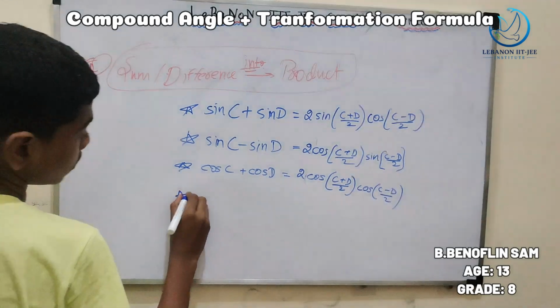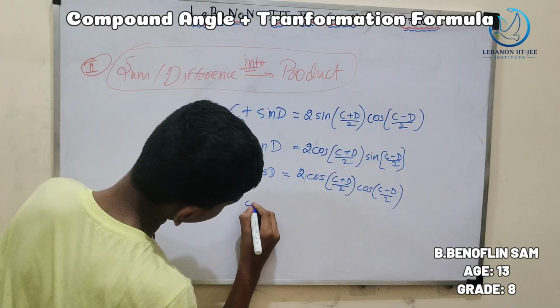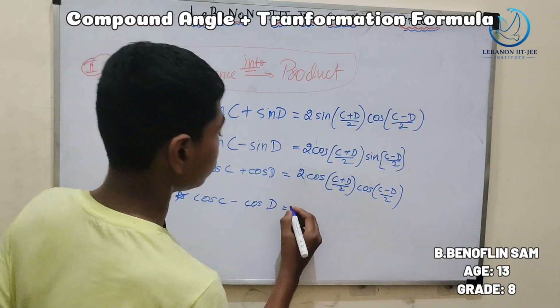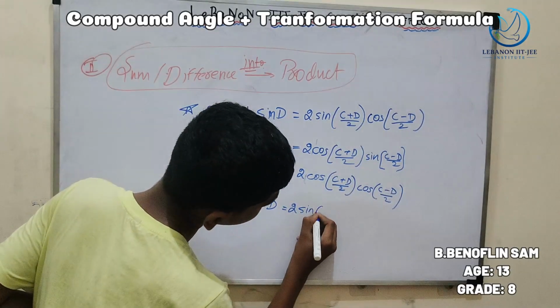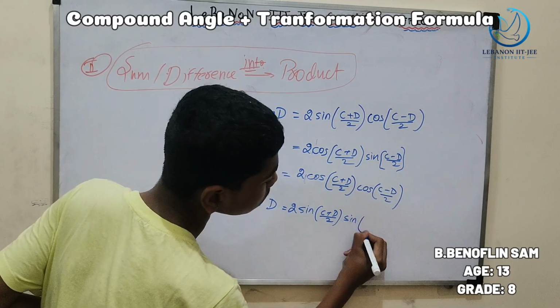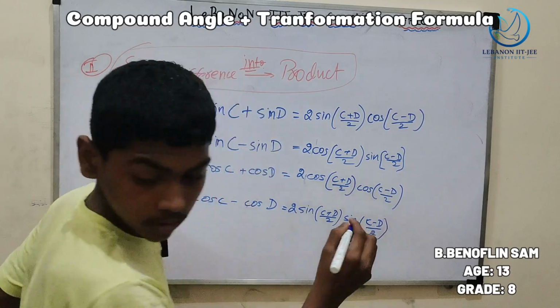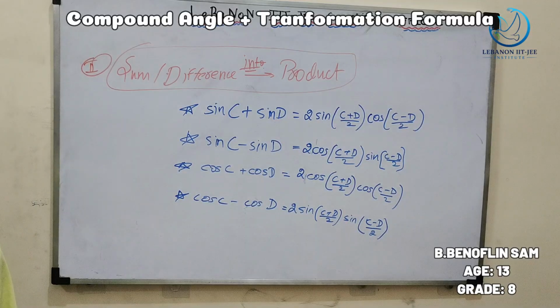The last but not least, cos C minus cos D is equal to 2 sine (C plus D)/2 into sine (C minus D)/2.